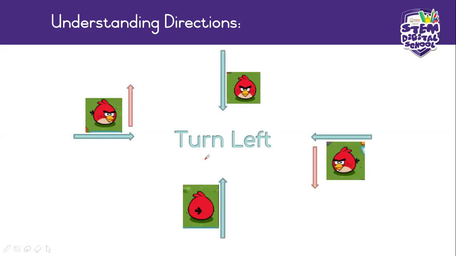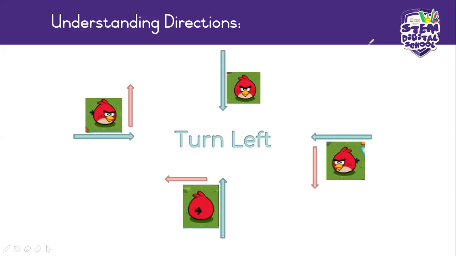Now, if we look at this one here at the bottom, this is the easiest one. When your character's back is towards you, that means that your left and his left will be the same because both of you are facing the same direction. So if he's standing with his back towards you and you tell him to turn left, he is going to go the same as your left side. Okay.